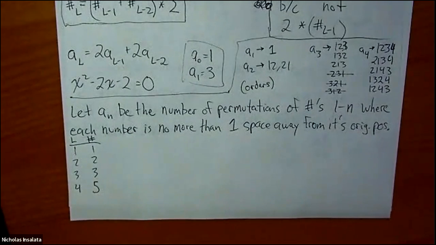Or should we do some more examples and check if it's really true? What do you guys think? Okay, you'll check A5 equals 8. Fair enough. What about the rest of you? What do you think?